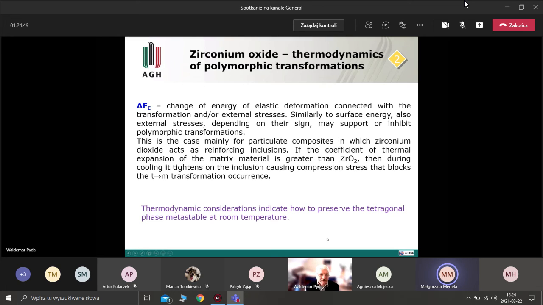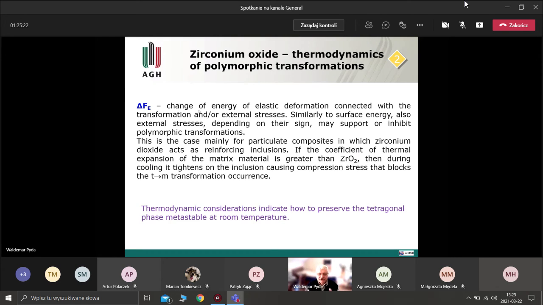Okay, I think you all understand that the elastic deformation energy accompanies the deformation of the structure, which appears during some processes. The elastic deformation, which appears during the transformation, and energy accompanies this process.